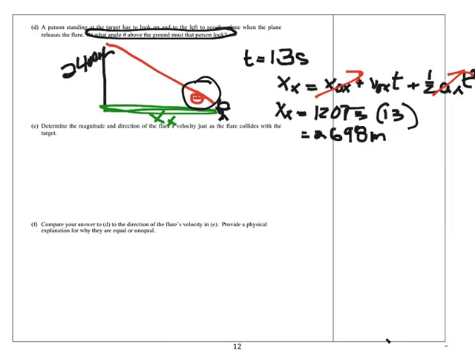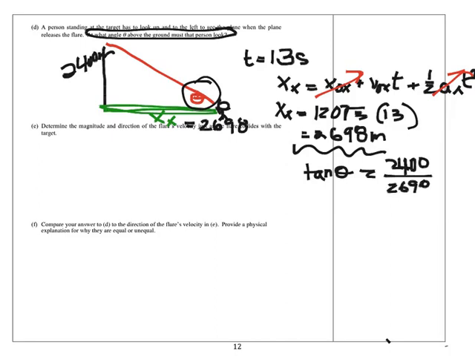So now I want to calculate this angle. All I have to do is use SOHCAHTOA, so I have 2698. And I know that tan theta equals 2400 divided by 2698.